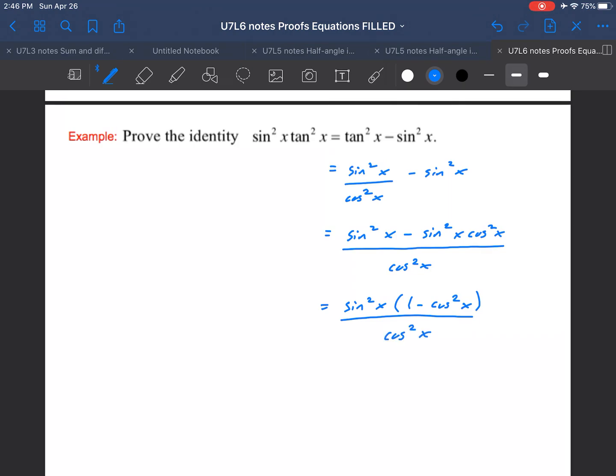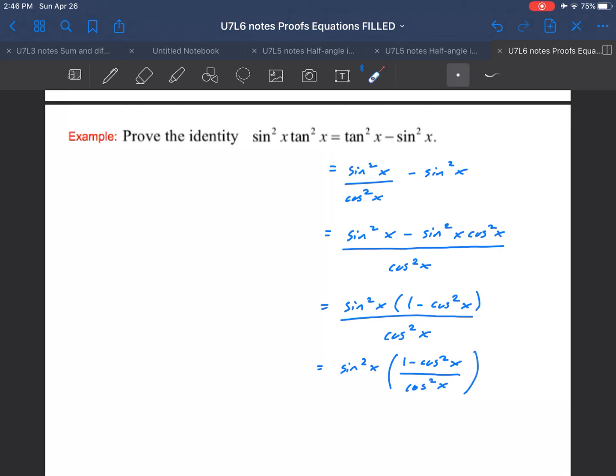And at this point I'm thinking, well, now I have my sine squared times something, and that's what I want here. So I'm going to isolate that, and I'm really just going to take this as my second part and see if I can manipulate that. So this is equal to sine squared x times 1 minus cosine squared x over cosine squared x.